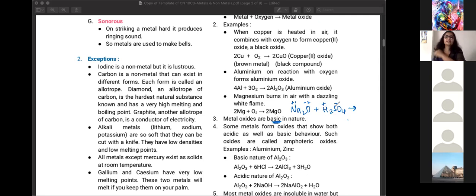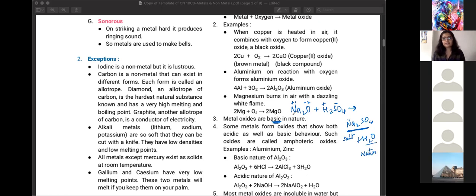All right. So now can you predict the product based on this? It should be Na2SO4 plus H2O. Yes. And what types of products are being formed? Na2SO4 is what kind of thing? Is it acid, base, salt? It's a salt, plus this is water.